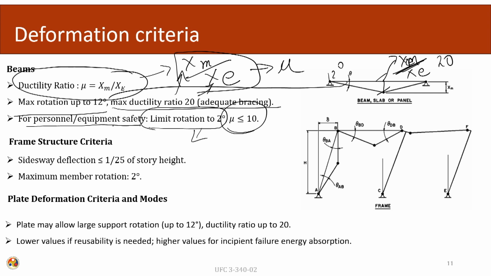For personnel and equipment safety, this has been toned down from 12 degrees to 2 degrees, and from 20 down to less than 10.